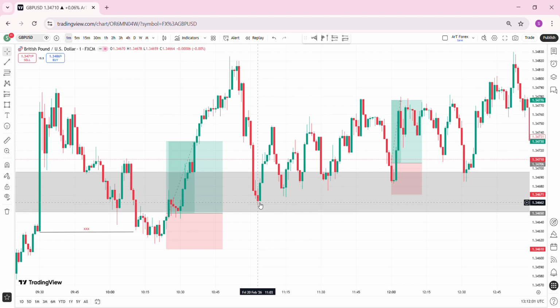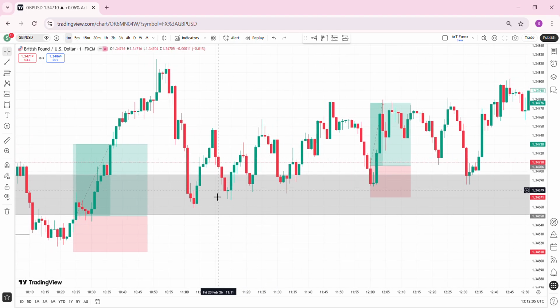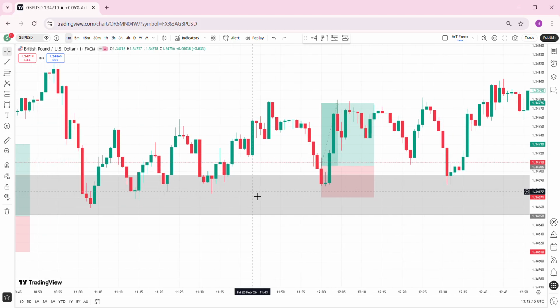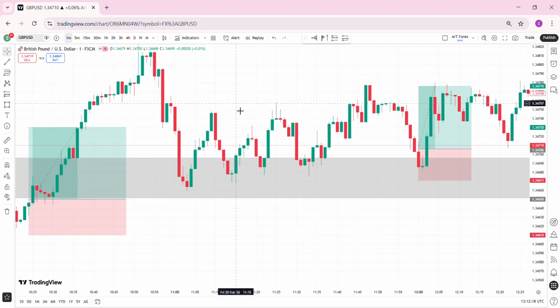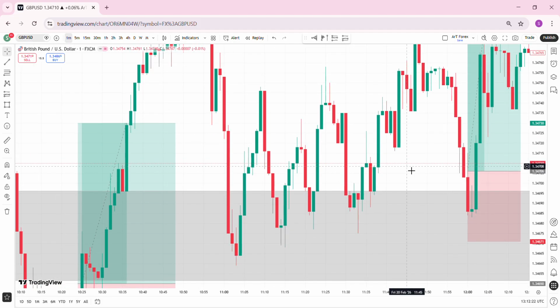You see guys, in these mini structures, the market created a high high, then a high low, and then it created this low, and then the market went up. Eventually the market came down and took out this low. This is the very point to take into consideration and to put your eyes on.